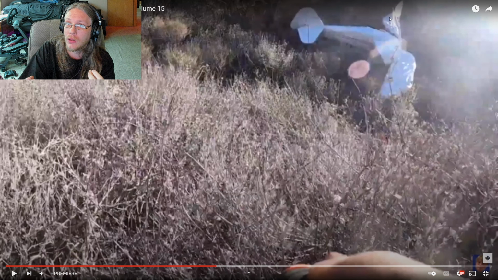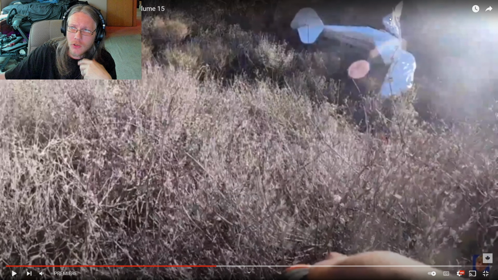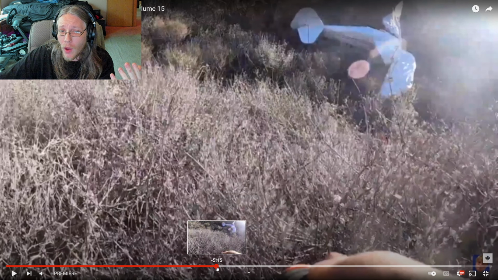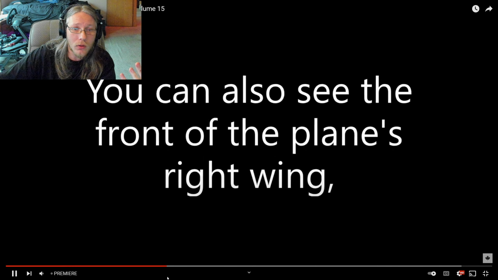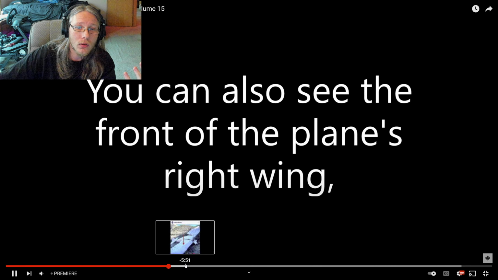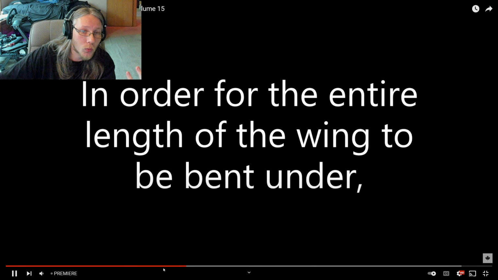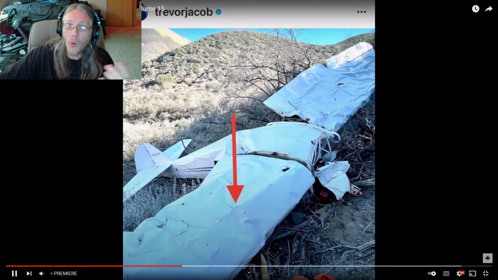Why? Why would he stage this? I don't understand your logic here. Why would he manhandle that wing and get it up on... Where is it? Come on.